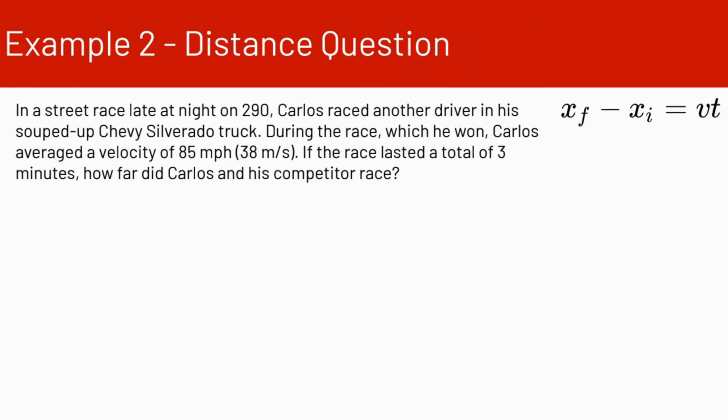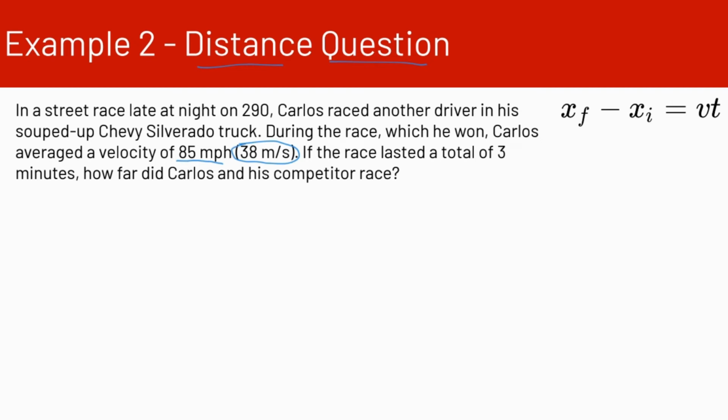All right, example number 2 is a distance question. In a street race late at night on Highway 290, Carlos raced another driver in his souped-up Chevy Silverado truck. During the race, which he won, Carlos averaged a velocity of 85 miles per hour, which is equivalent to 38 meters per second.